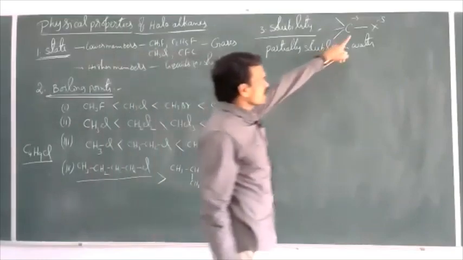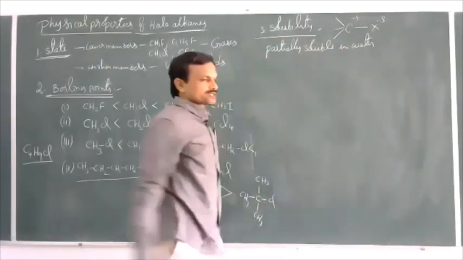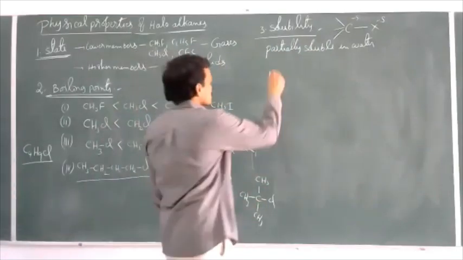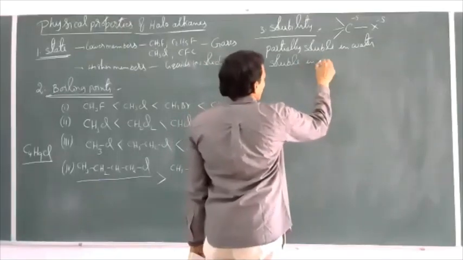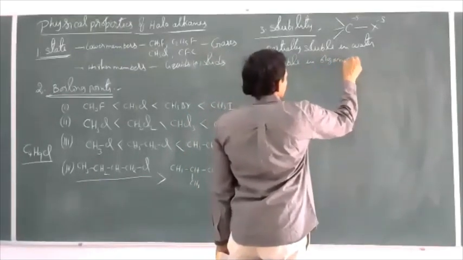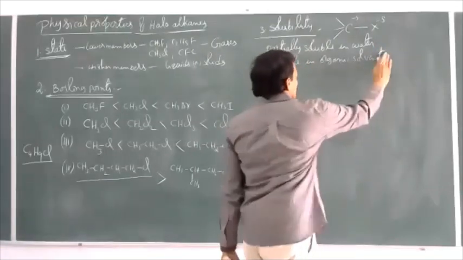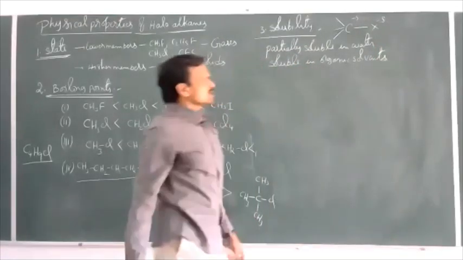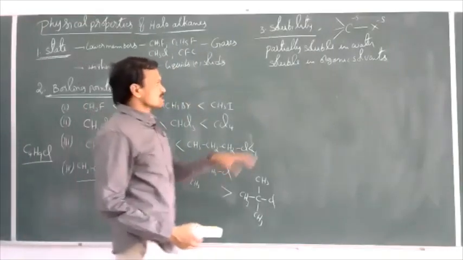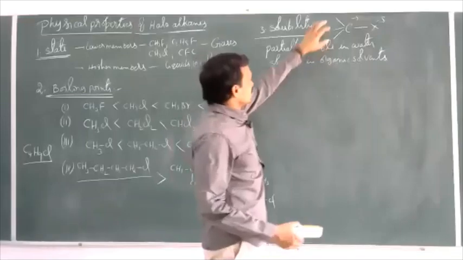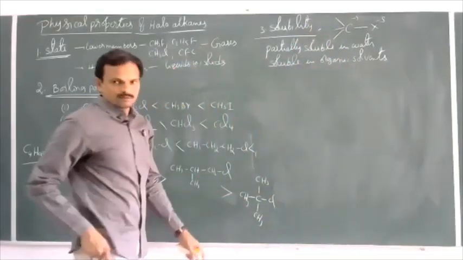Since they cannot form hydrogen bonds and cannot be split into ions in water, they are just partially soluble. Whereas they are readily soluble in organic solvents like benzene, carbon tetrachloride, carbon disulfide. This is solubility.